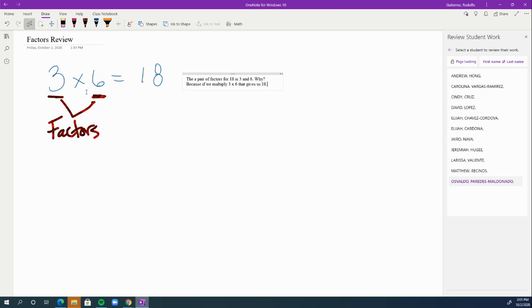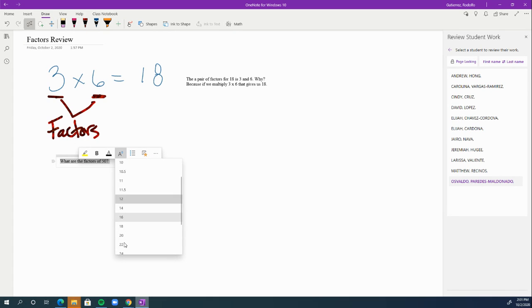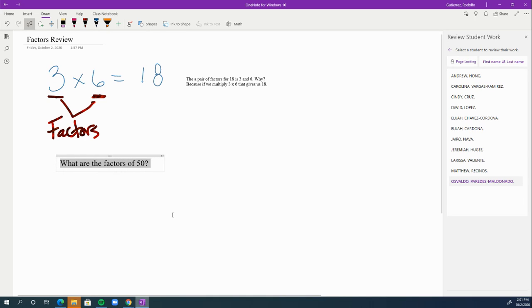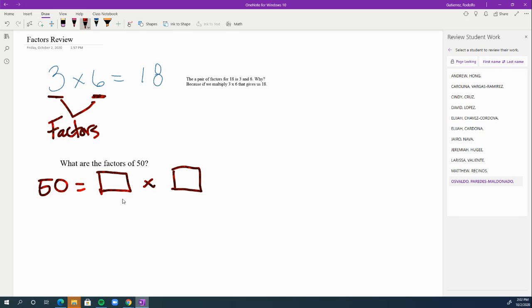So for example, if we were to do a problem like, what are the factors of 50? Composite numbers are going to have multiple factors, meaning more than two factors. So what two numbers can I multiply together to give me 50?